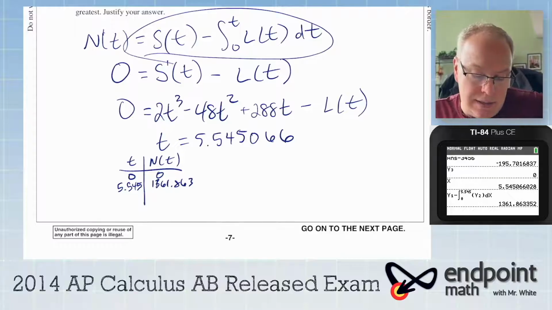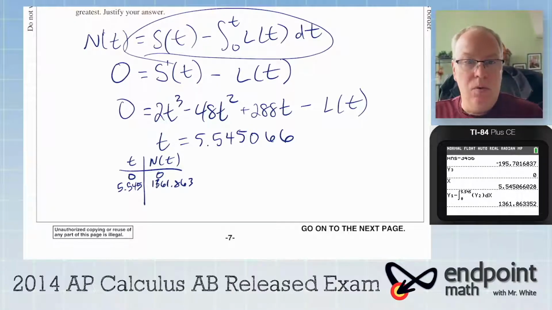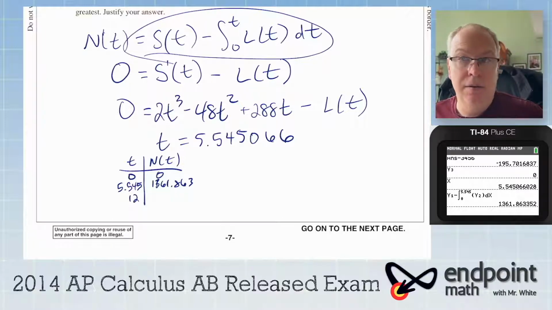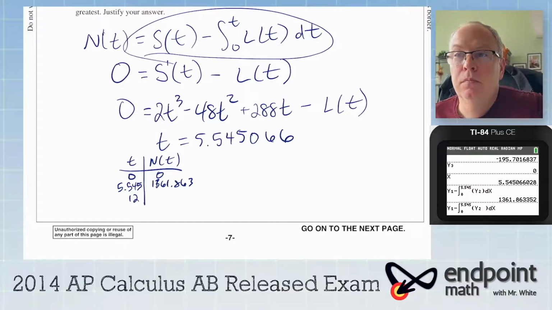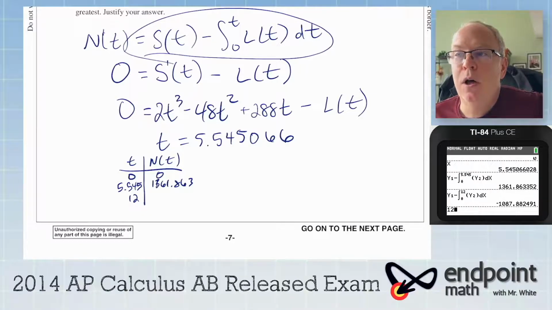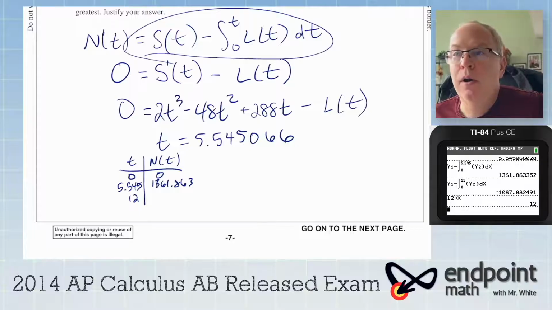All right. And then at t equals 12, let's see what's happening at the end. So I just back this up. Well, I do need to do something else. Do you remember what I have to do? Not only do I put the 12 there, I'm going to save some time. I'm going to go ahead and hit enter, but that's not going to be our answer. We still have to store 12 in x so that y1 will work.